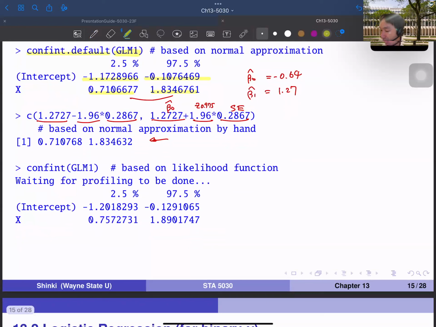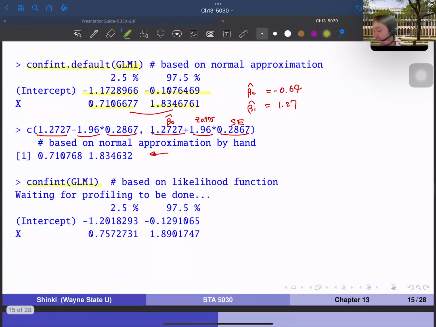And the more accurate one is confint. It reflects some information which makes the interval asymmetric. So this interval is not centered at negative 0.64, and this interval is not centered at 1.27.